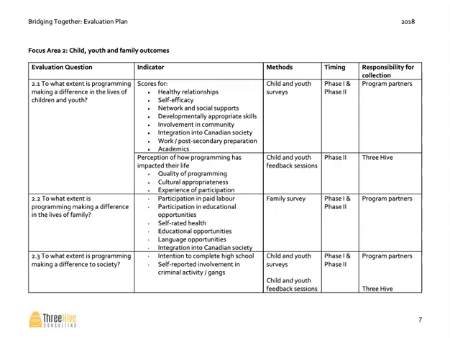So we begin with the extent to which programming is making a difference in the lives of children and youth. Our indicators here are survey scores for lots of different domains here: healthy relationships, self-efficacy, integration into Canadian society, some elements of academics, and then their perceptions of how programming has impacted their lives.